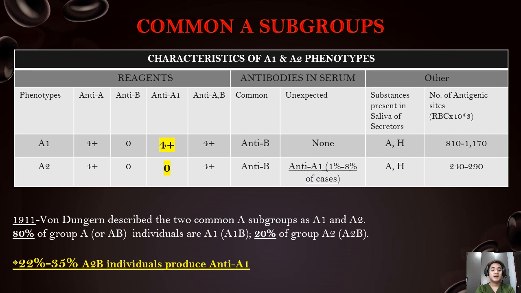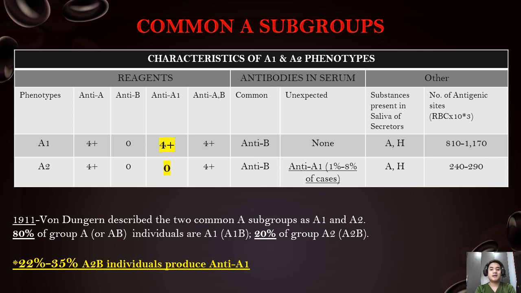And this is actually the result of the previously discussed efficiency of the A1 enzyme over the A2 enzyme in successfully converting all the H antigen glycolipid chains into A antigen determinants A, B, C, and D that actually code for A1 antigen specificity, which was freshly discussed from our previous slide.